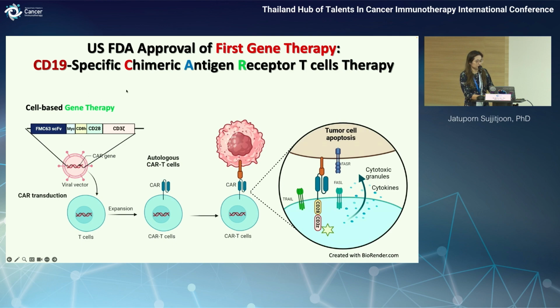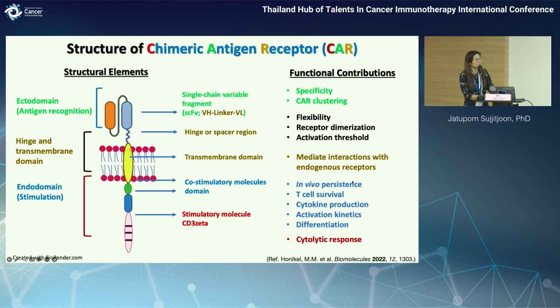I think the key to success in CAR T cell development is how to design the CAR gene and construct it into the plasmid DNA. After we construct it, we need to introduce the CAR gene into the T cells so that the CAR T cells function in killing the tumor.